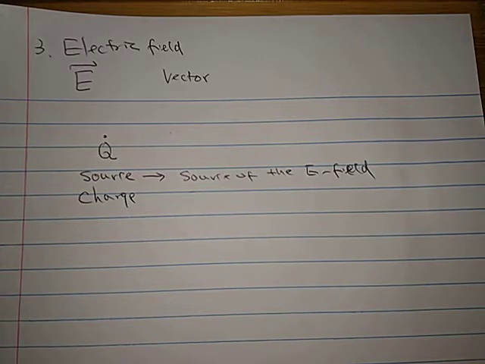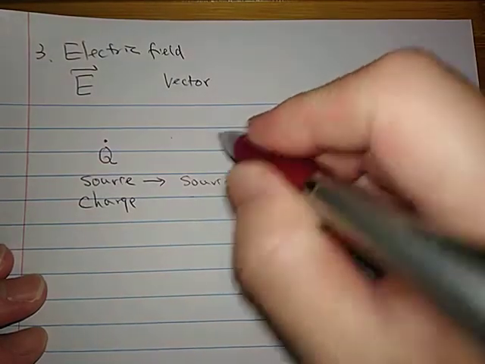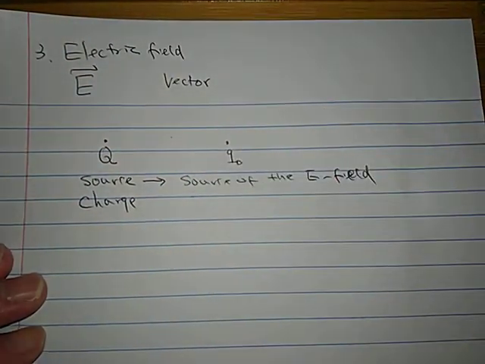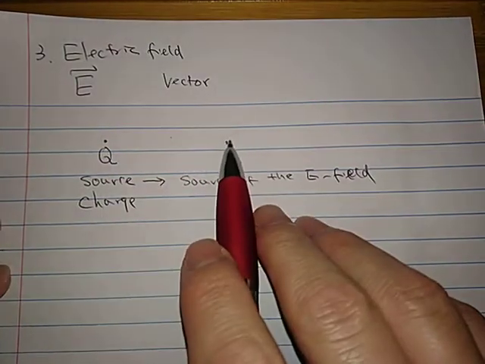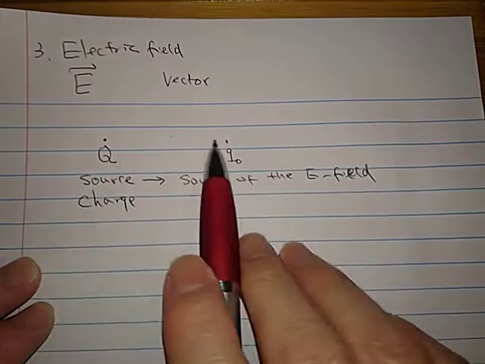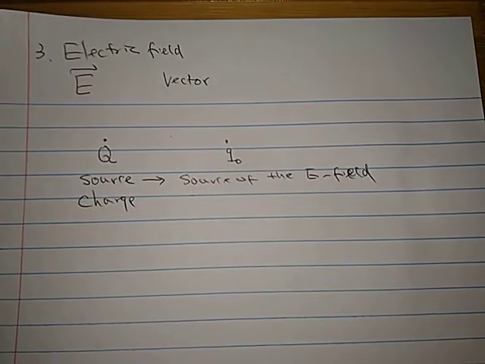Now, in order to find the electric field from this particular source charge, we need to test how large the source charge is, how large the electric field is. So around here, we put a small test charge. Let's call it Q0. The dimension of these charges must be much smaller than the distance between these two charges. In this case, the point charge is a good concept.